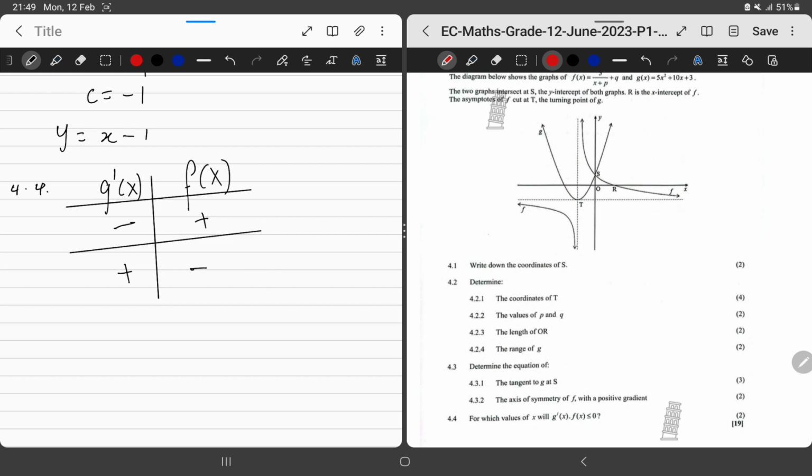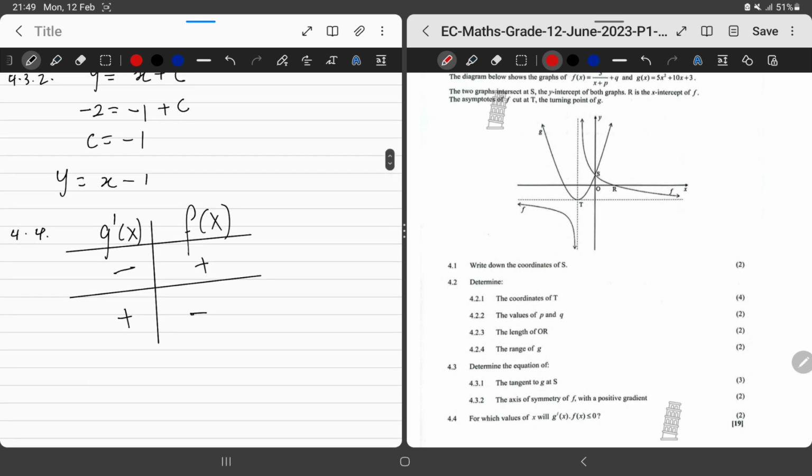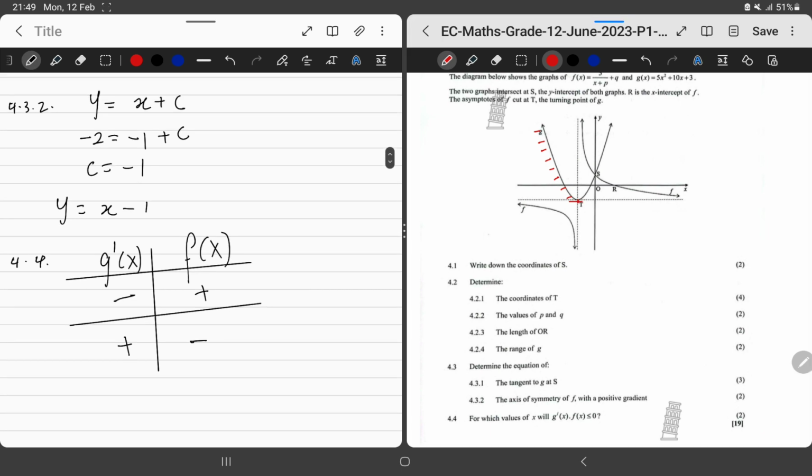So I'm going to start with the first scenario. I am looking for where the gradient of g is negative. The gradient of g is negative this side, all the way to there, where it is equal to 0. And then f is positive.